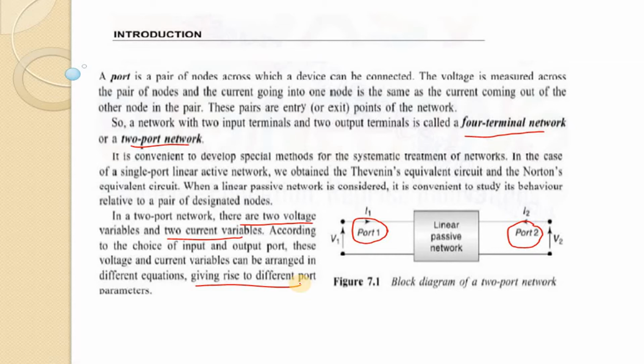There will be two voltages and two currents, and among these voltages and currents there will be a relationship, and based on that relationship the two-port networks are classified.